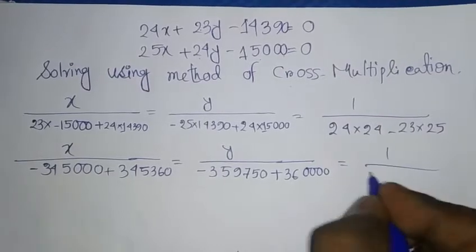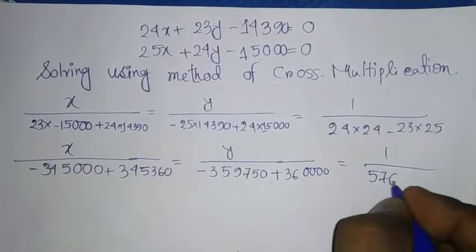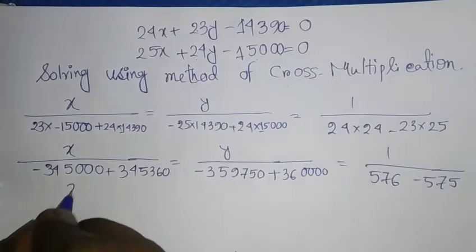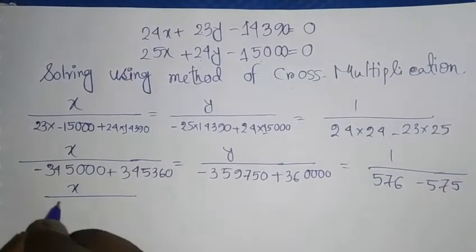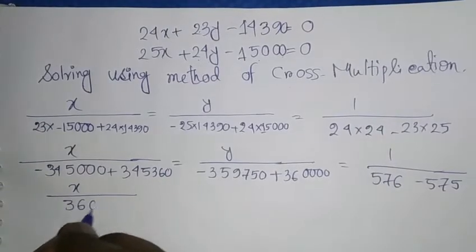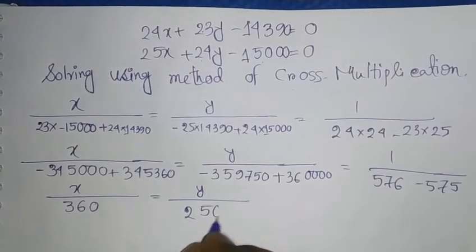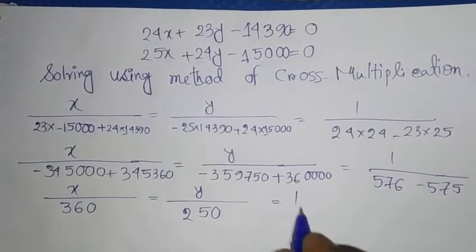This is equal to 1 by 24 square is 576 minus 575. Okay, so this is x by, if you subtract you get 360, and y by 250. Okay, this is equal to 1 by 1.